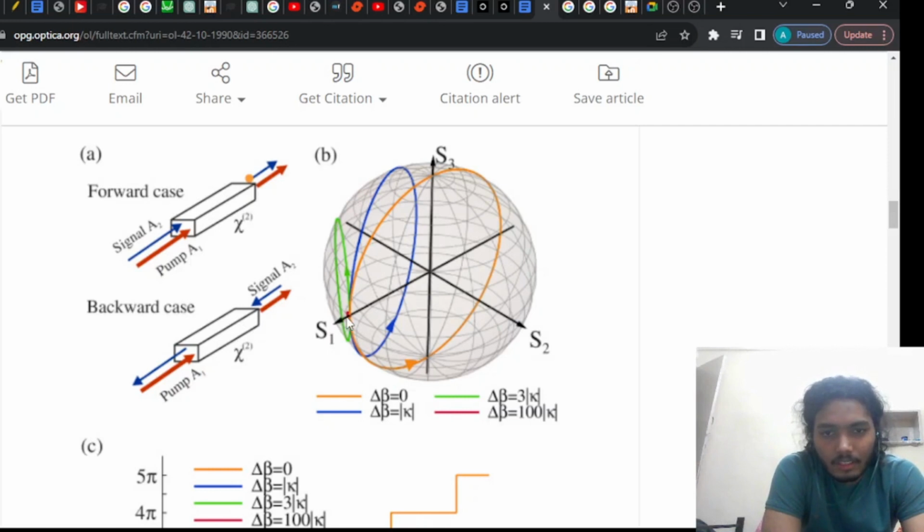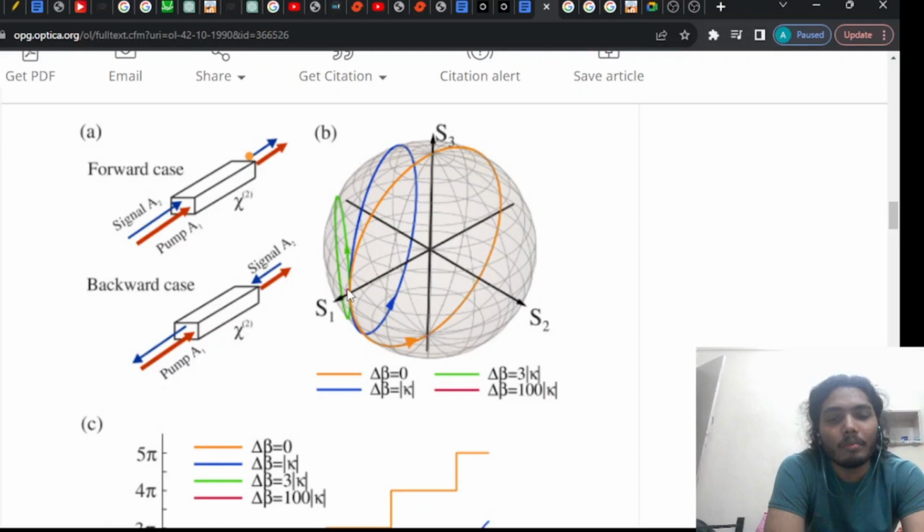And we can see this red point, which is delta beta when delta beta is large, that is 100 times kappa. So we can see here it imposes zero solid angle at the center, meaning it has the minimum geometric phase. This is only because this red color represents where there is large phase mismatching.